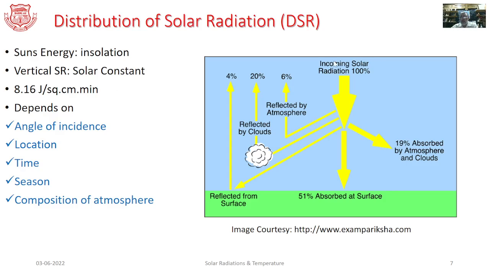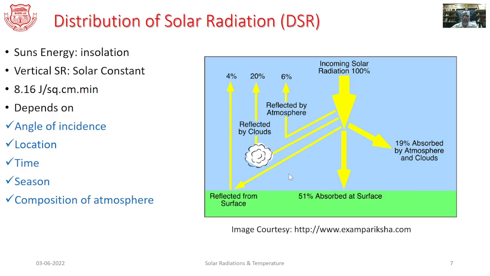As shown in this particular sketch, if we treat this incoming solar radiation as 100%, 19% of this energy is absorbed by the atmosphere and the clouds, whereas 51% of it is absorbed by the Earth's surface.